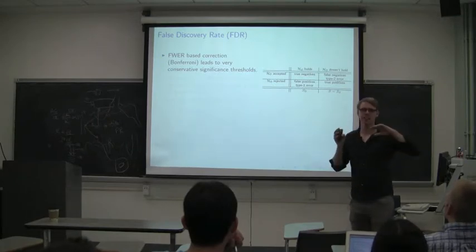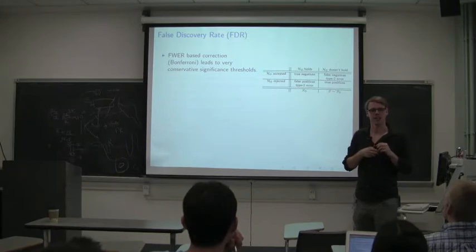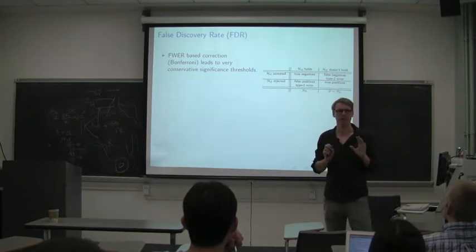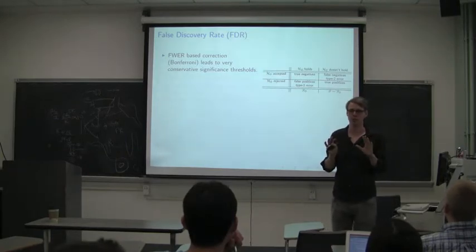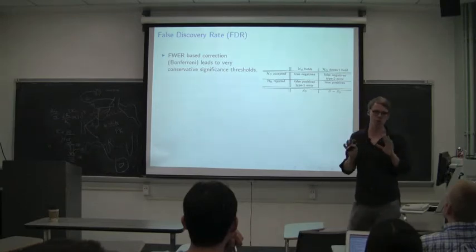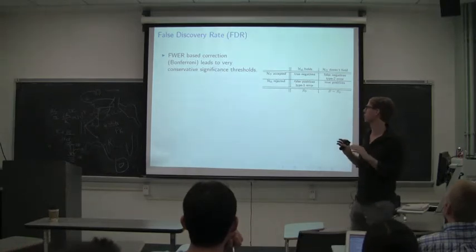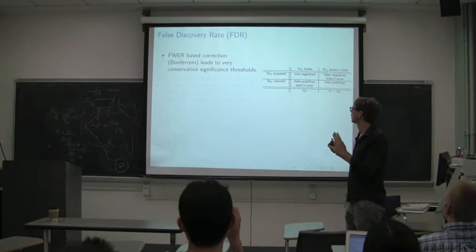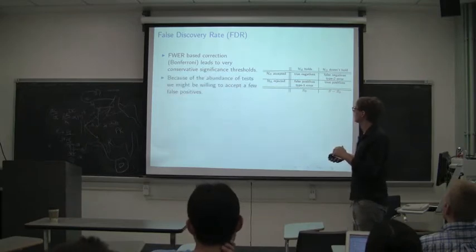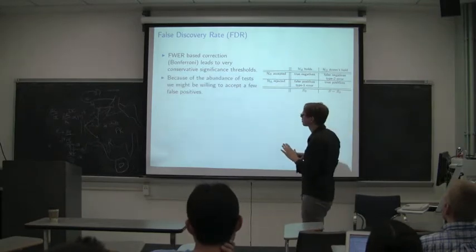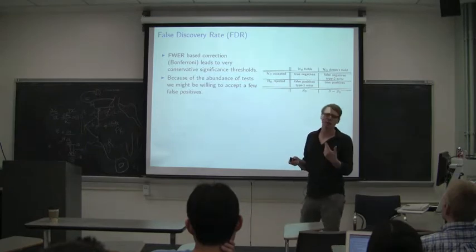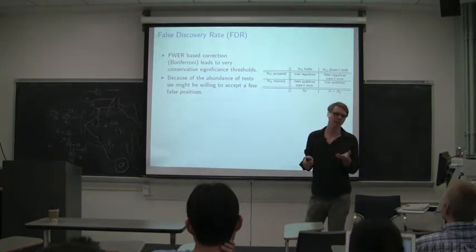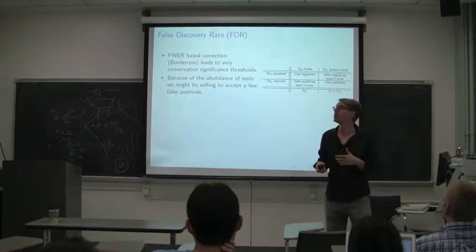So this is a really stringent trade-off where we say, okay, we completely want to be specific. We don't want false positives at all. Or to say, okay, we're doing many, many tests, so as long as you give me enough true positives, I'm also fine if there's occasionally a false positive in there.